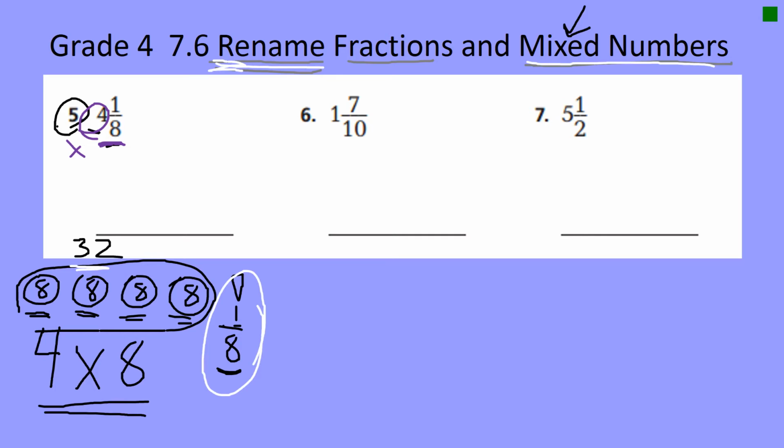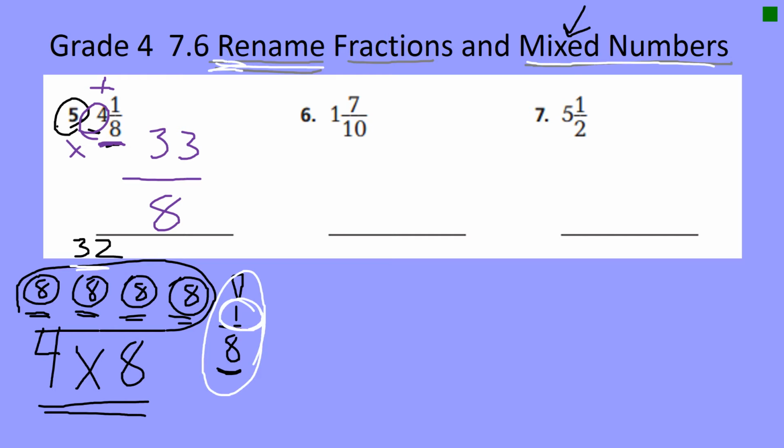We have this one more eighth right there. So what's 32 plus 1? I'll put a plus right there. What's 32 plus 1? 33. So 4 1/8 can be renamed as 33 eighths.